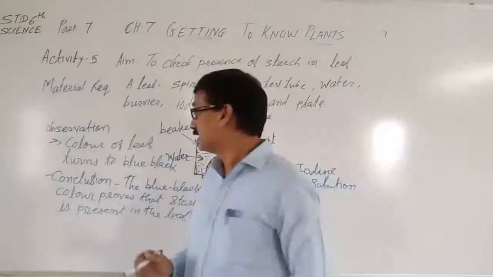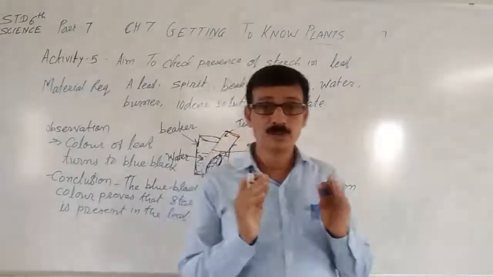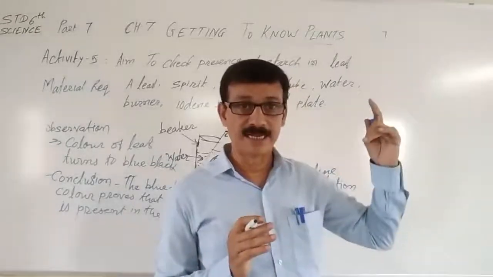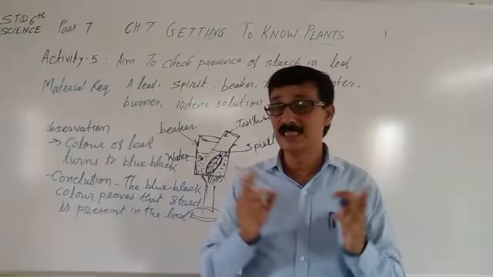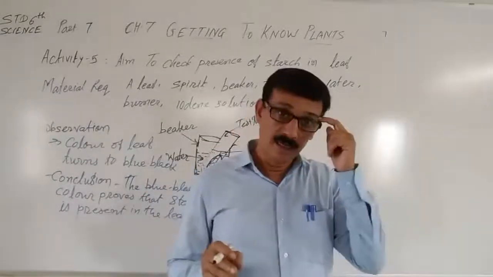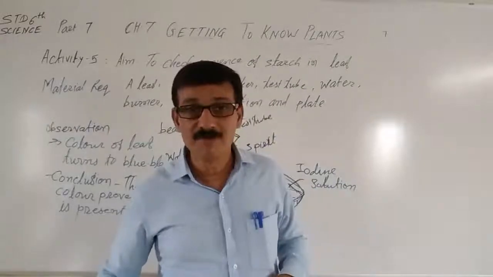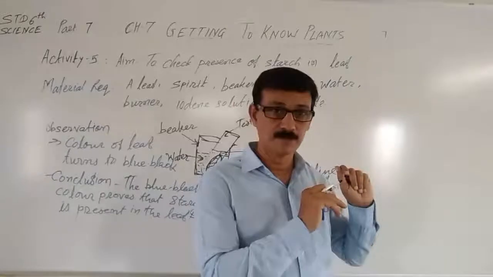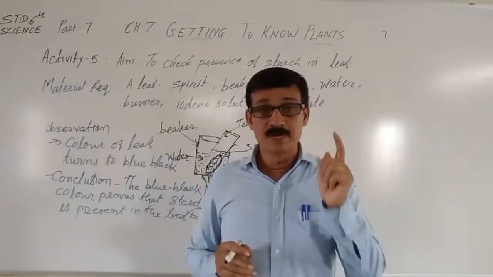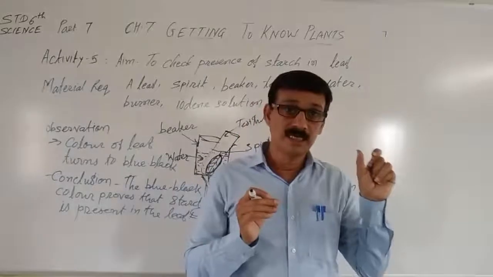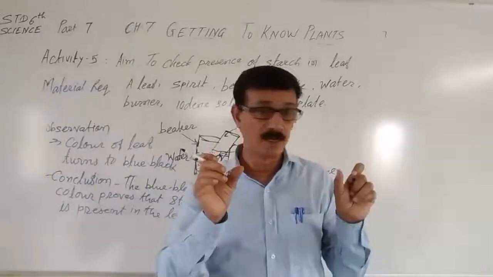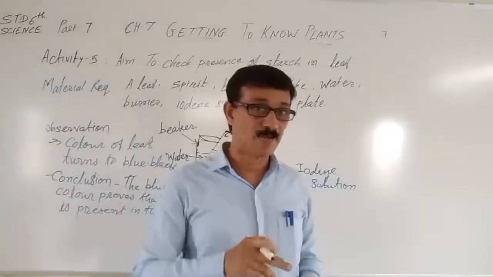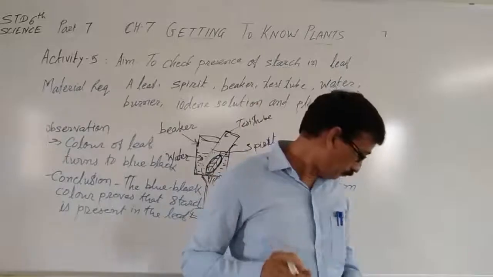Actually, leaves prepare food in the presence of sunlight, carbon dioxide present in the atmosphere, and water. Water comes from the root to the stem to the leaves. So in the presence of sunlight, carbon dioxide plus water prepare starch, or we can say carbohydrate, and oxygen, isn't it?